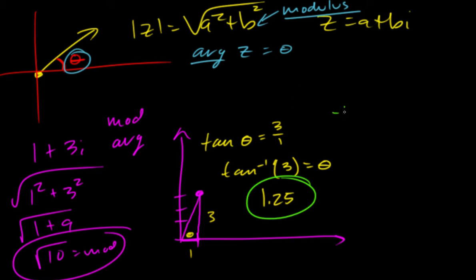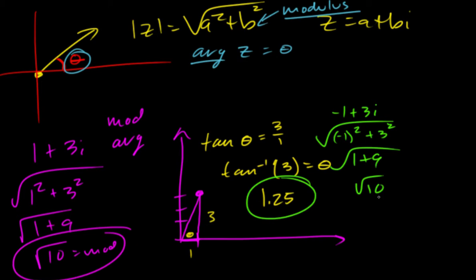Okay, the next one, negative 1 plus 3i. So that's just going to be negative 1 squared plus 3 squared, square rooted, 1 plus 9. So that's also the square root of 10 for our modulus. And then if we want to use the same pair of axes, we're just going to go this way, which is negative 1, 3.